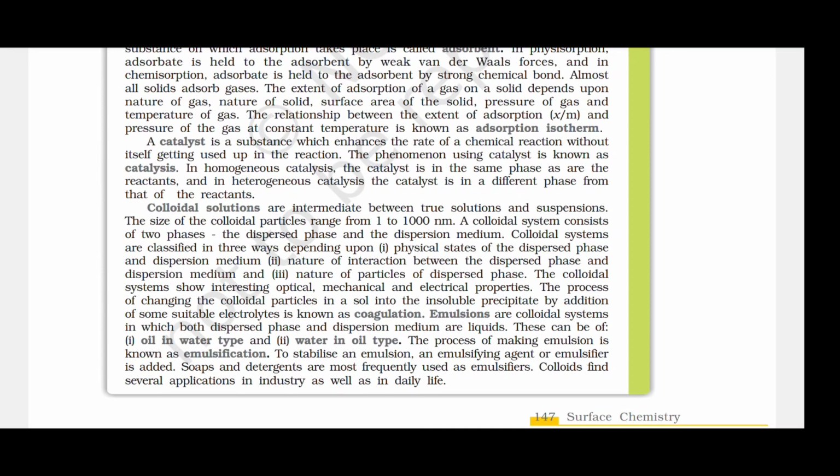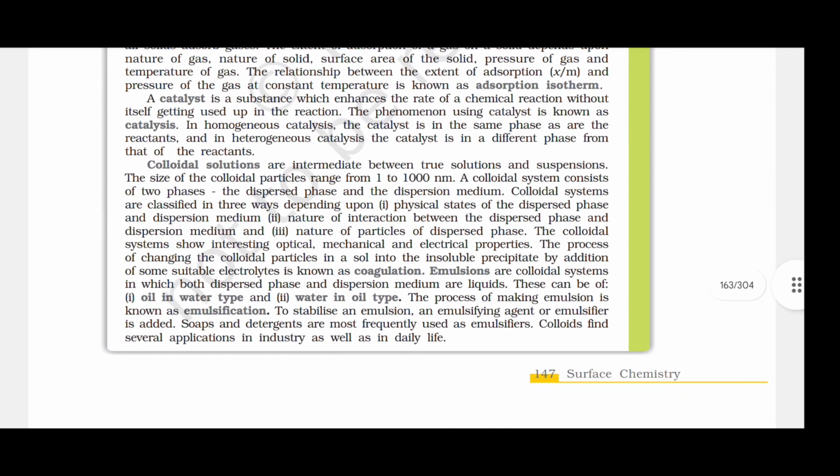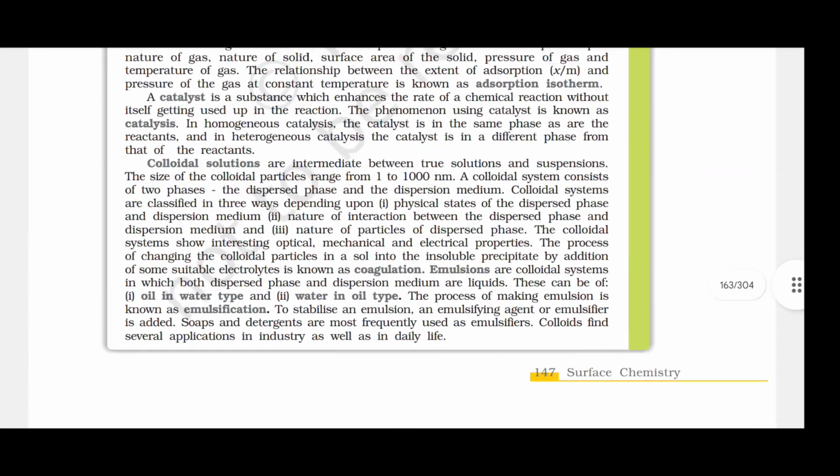These can be of first, oil in water type and second, water in oil type. The process of making emulsion is known as emulsification. To stabilize an emulsion, an emulsifying agent or emulsifier is added. Soap and detergents are most frequently used as emulsifiers. Colloids find several applications in industry as well as in daily life.